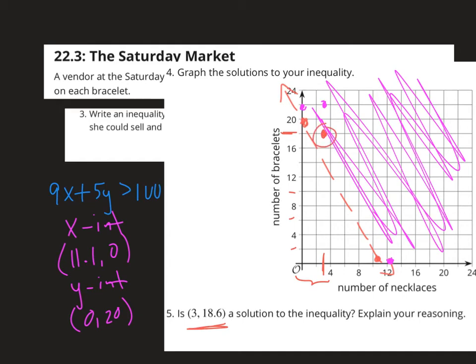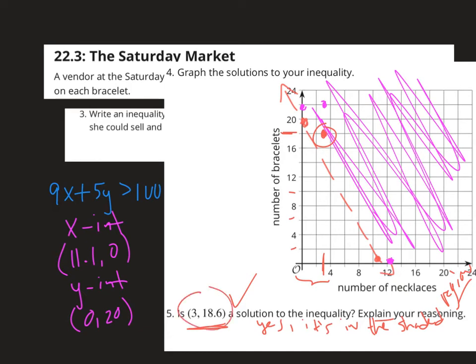Is that point in the solution set? Yes, it is, right? Yes. Explain your reasoning. It's in the shaded region, right? Sorry for the bad scribble there, but it's really tough to write on the iPad. Yes, it's in the shaded region.